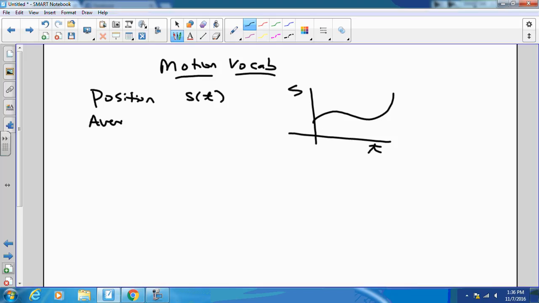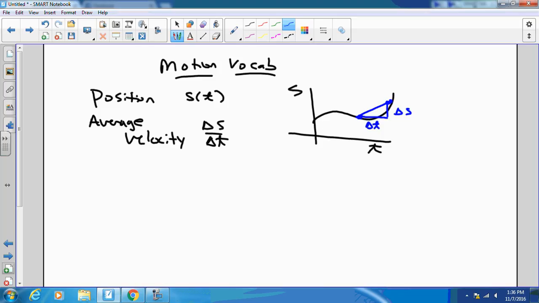So from this, we can compute an average velocity, delta S over delta t. And that average velocity is always computed over a time interval.